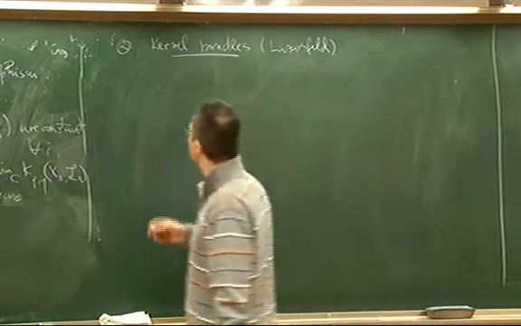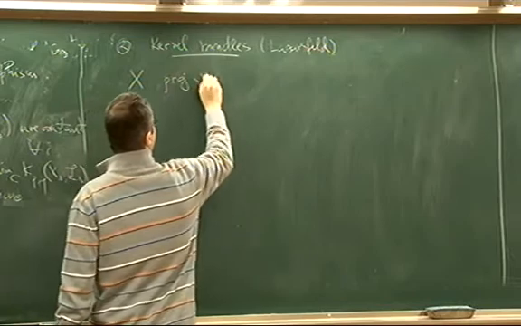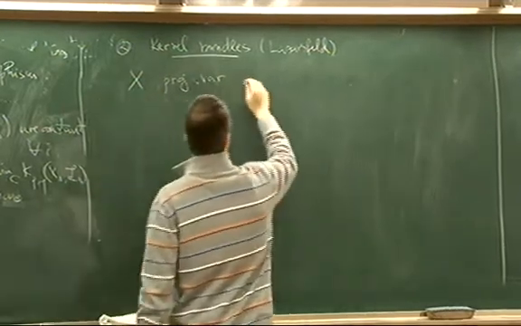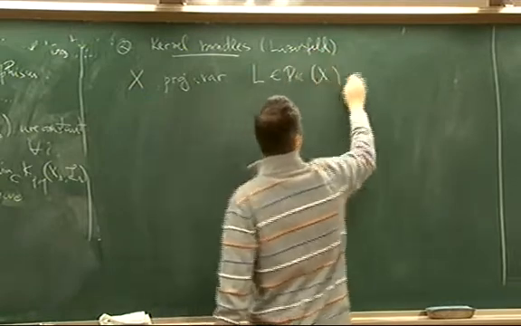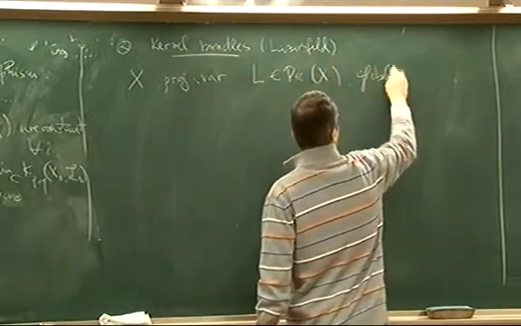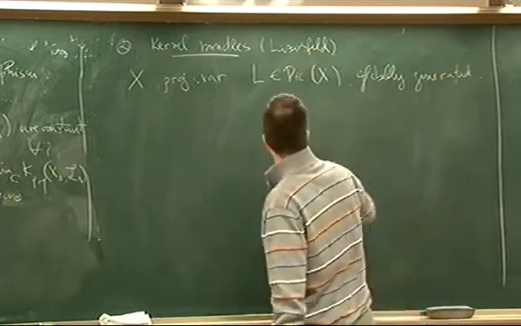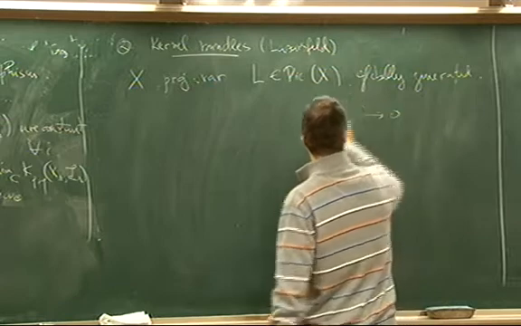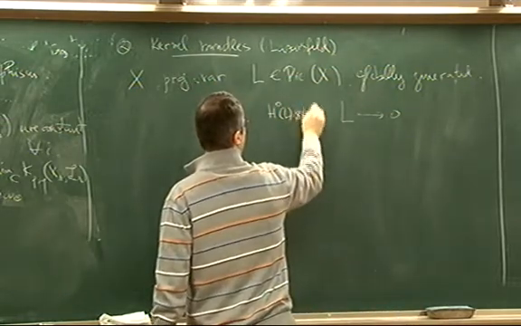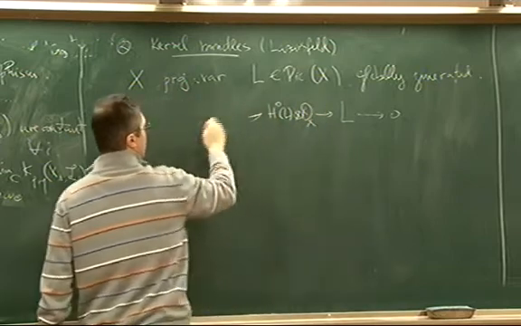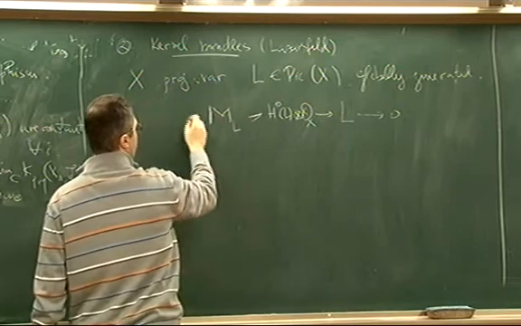And what's it all about? So we have X, again, a projective variety over complex numbers. L, this time we need to take it globally generated. And now we just look at the evaluation map, and we take the kernel, which we denote by ML.